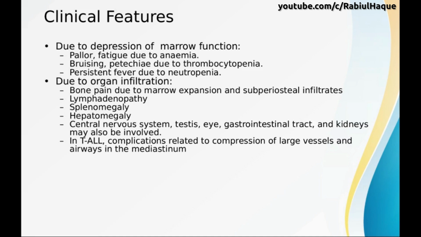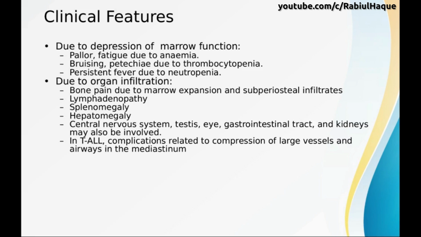Now, what are the clinical features due to organ infiltration? Bone pain may occur due to bone marrow expansion and also due to subperiosteal infiltration. There may be enlargement of the lymph node, that is lymphadenopathy, enlargement of the spleen, that is splenomegaly, enlargement of the liver, that is hepatomegaly. So all these things are happening due to organ infiltration.